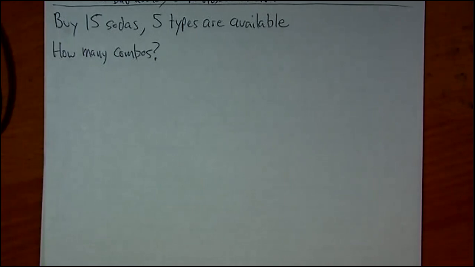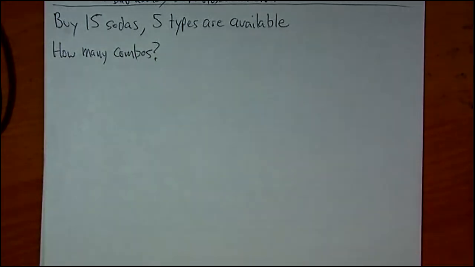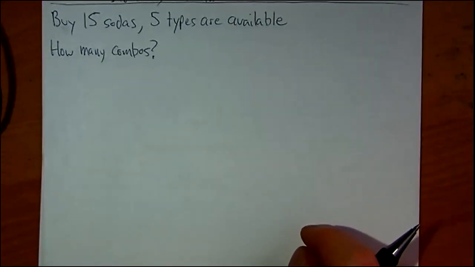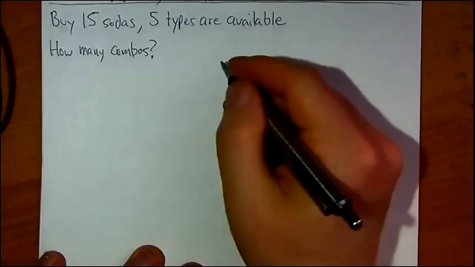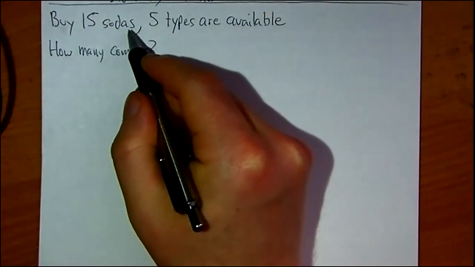And the idea here is with crosses and bars, okay? So what we're thinking about here is we have 15 sodas with 5 types available. And the idea is we're going to set up some slots like we did before, right? And so to do that, we're going to have 15 slots for the sodas, okay?